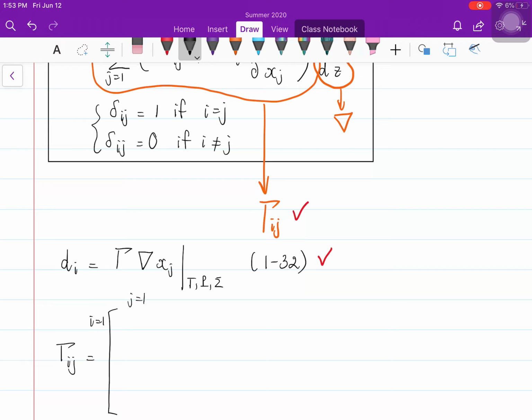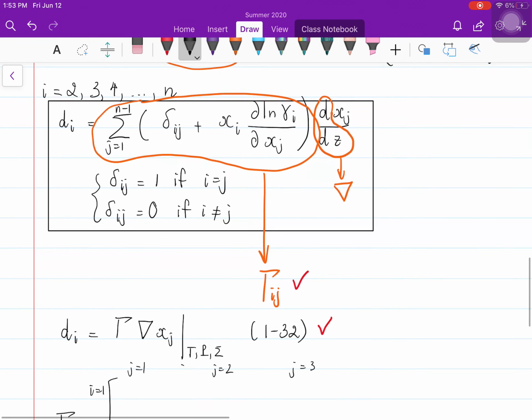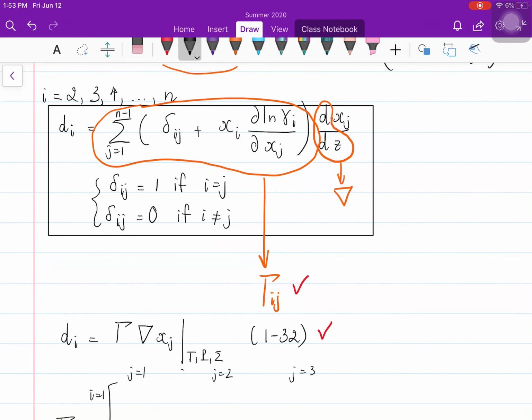The first column, j would be 1. And then next, j would be 2. And then j would be 3. So now we're going to substitute this into the equation that we have here.